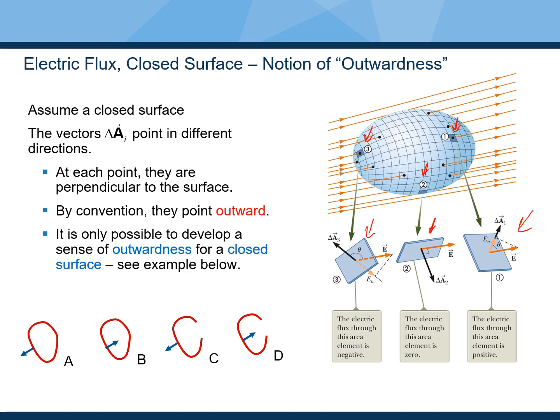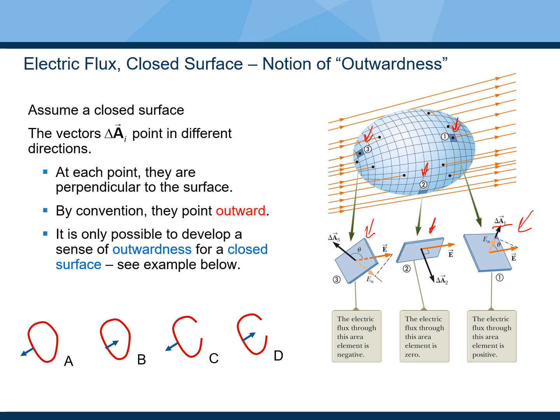Now notice that in each circumstance, because we're dealing with a closed surface, we have a notion of an outward pointing unit normal. For each closed surface, we have a distinct notion of inwardness and outwardness, and we define our area vector as the area associated with the outward pointing normal.